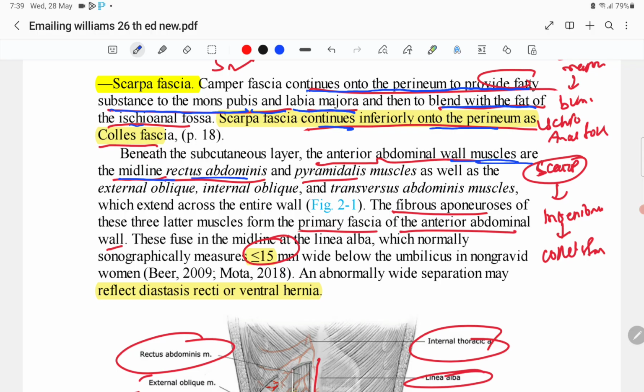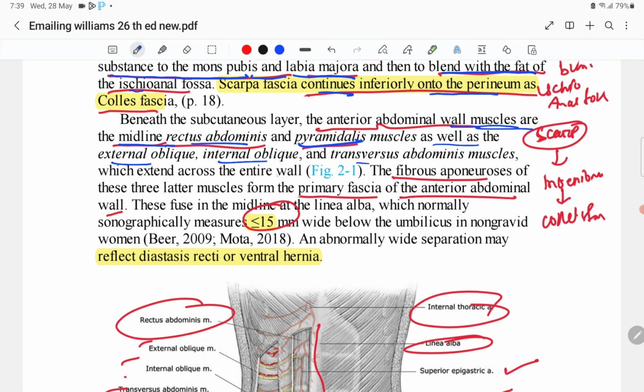Then after this subcutaneous layer, everybody has anterior abdominal muscles. Beneath are the midline rectus abdominis muscles and the pyramidalis muscles, the two basic muscles, as well as all three lateral muscles: external oblique, internal oblique, and transverse abdominis. The fibrous aponeuroses of the three lateral muscles form the primary fascia of the anterior abdominal wall, that is the rectus sheath.